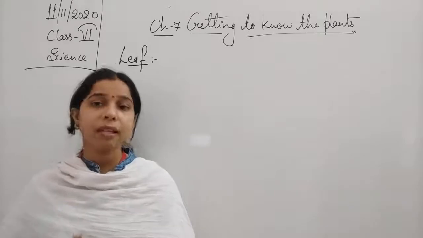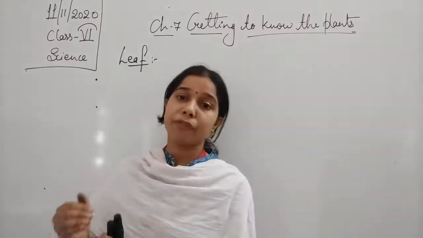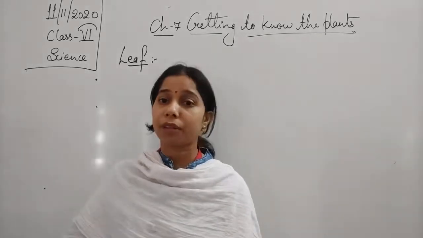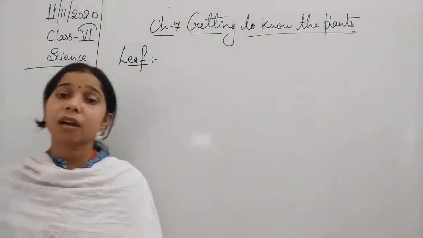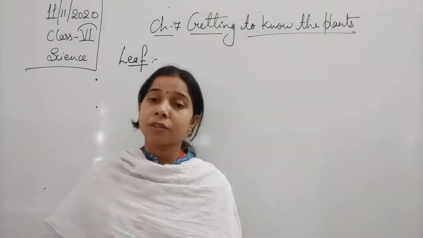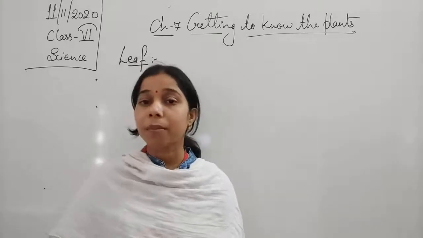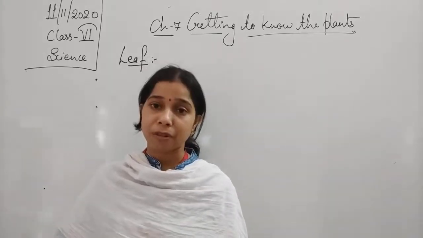And if you see the leaves, students, you will find that the leaves are of different shape, different size, and even a different margin. Some of them have a smooth margin and some of them have a rough margin.